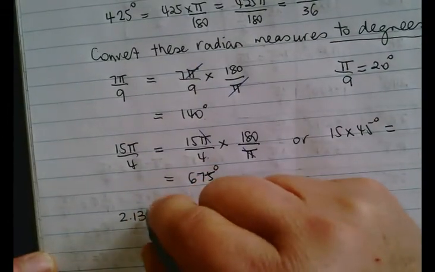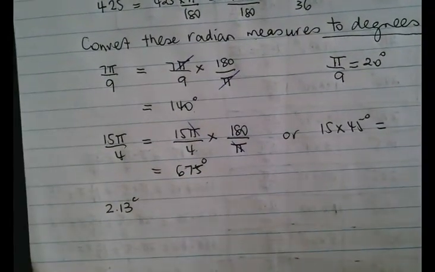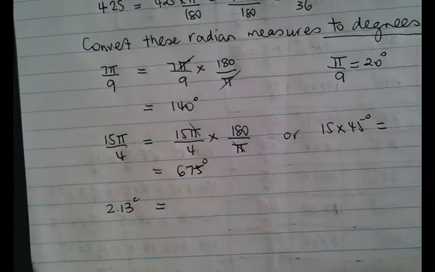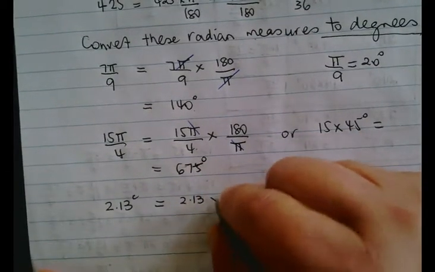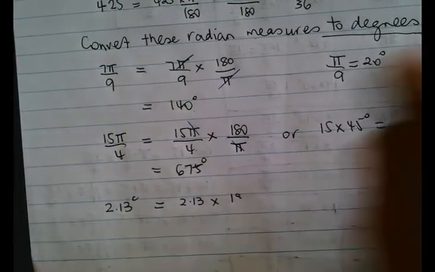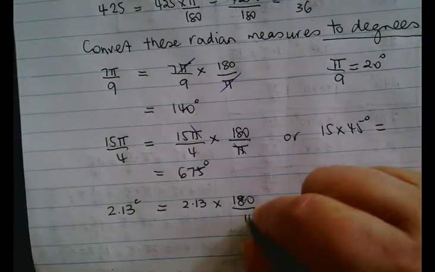2.13 radians. Now the symbol for radians is this little c like that. How do you convert that? So 2.13 radians. You know how 1 radian we know is about 57 degrees? We don't use that. We just go, well, to convert that many radians to degrees, we times by 180 on pi.